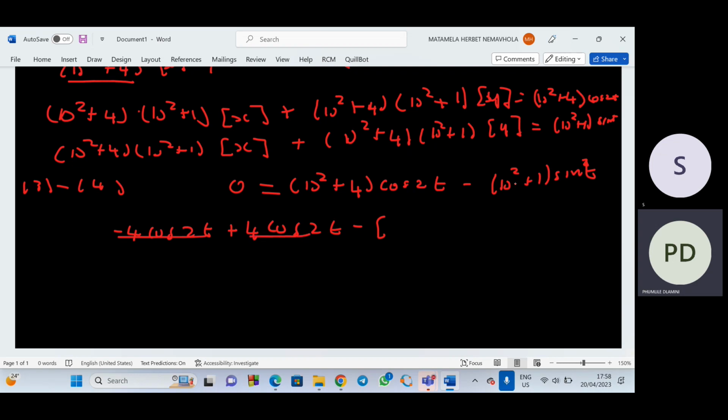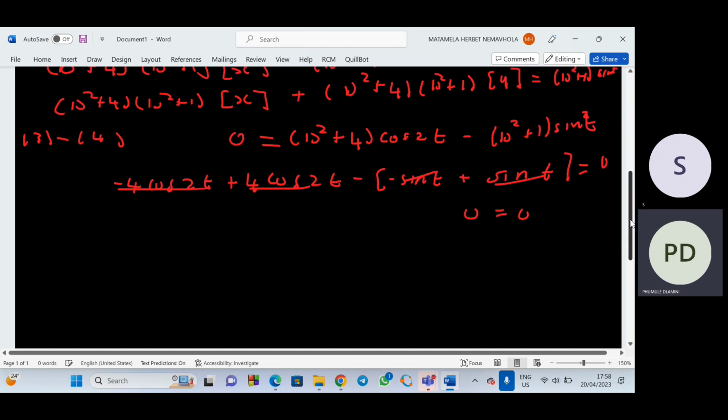Then minus, if we differentiate sine t, it's going to say cos t. When we differentiate again, it's going to say negative sine t, then plus sine t. So everything there is equal to 0. You can see this one cancels, we get 0 equals to 0.